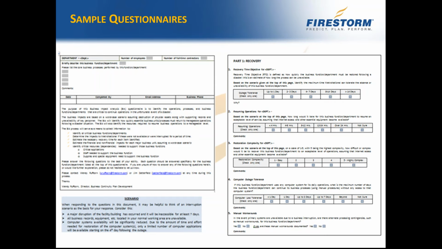Their recovery time objectives, their operations, how long will it take them to get back up and running, how much data could they lose. And this questionnaire is fairly simple. It takes probably 30 minutes to complete, but it gives us very specific information about what's going on in the company. And then with the follow-up interviews, you get a great deal of clarity as you're designing it.